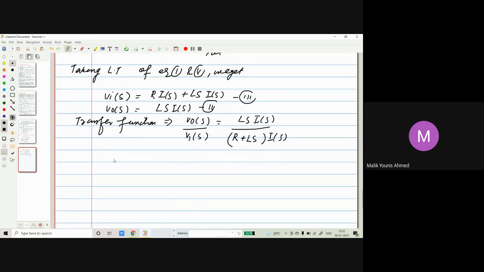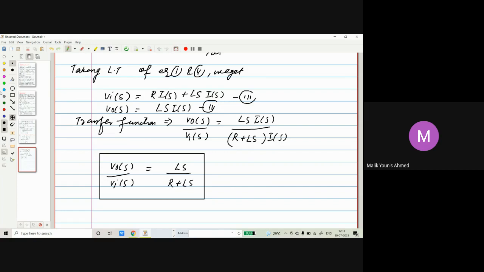So V naught of S divided by Vi of S will be equal to Ls divided by R plus Ls. So this is the response you are getting.